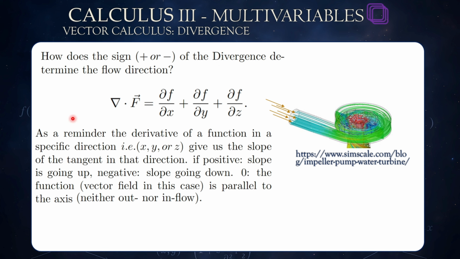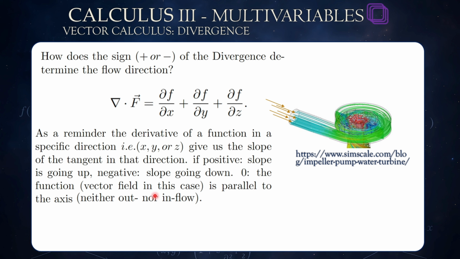As a reminder, the derivative of a function in a specific direction, x, y, or z, gives us the slope of the tangent in that direction. If it's positive, the slope is going up. If it's negative, the slope is going down. And if the derivative is 0, then the vector field in this case is parallel to the axis, so neither flowing in nor flowing out.